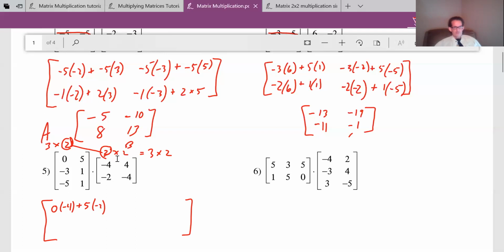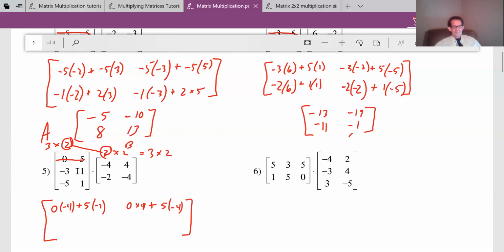Then I have to do this row for this number over here. So I have 0 times 4, plus 5 times negative 4. Okay. So what did I just do? I finished this row by multiplying it by this column and by multiplying it by this column. I like to cross out the rows as I go.